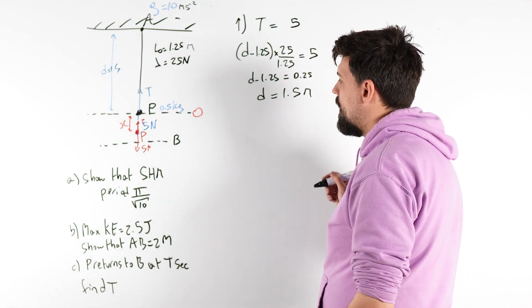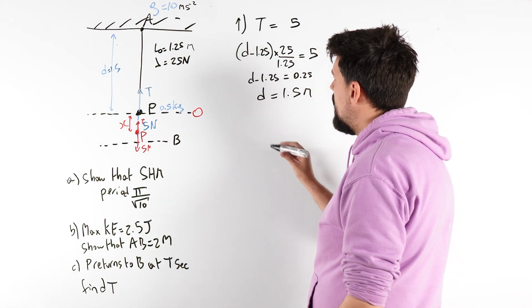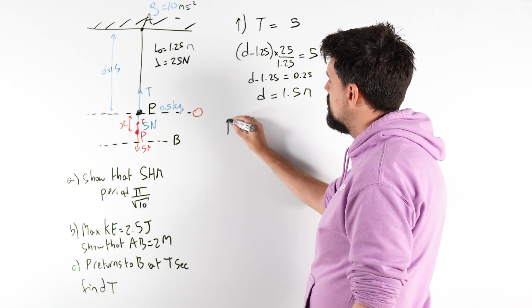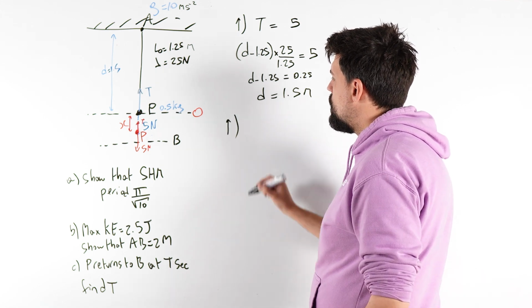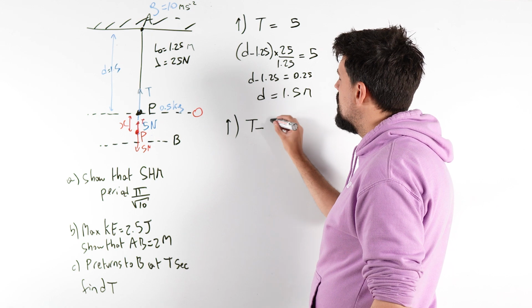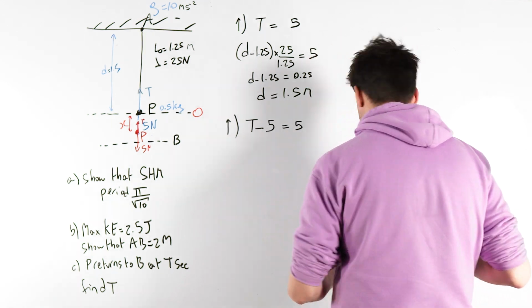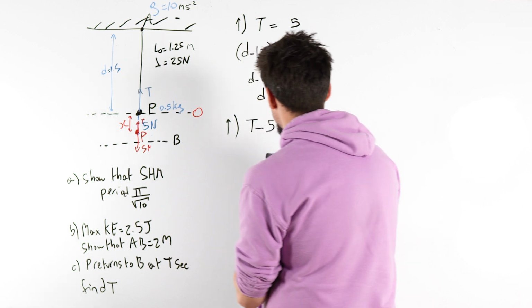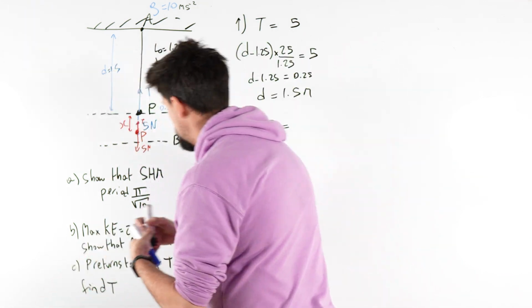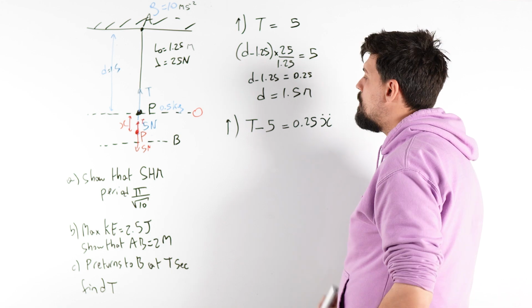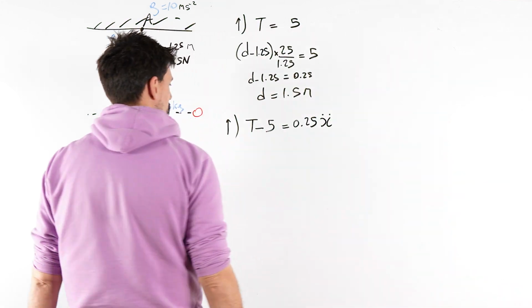So, what have I got? Well, let's take upwards as positive. So what force is going upwards? T minus 5 is equal to ma, which I will write with dot notation, x double dot.